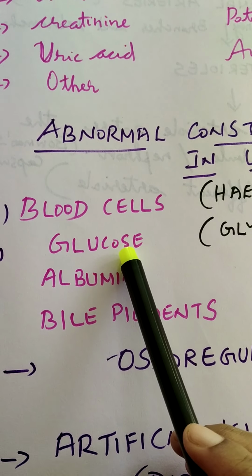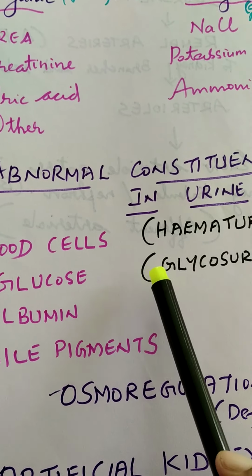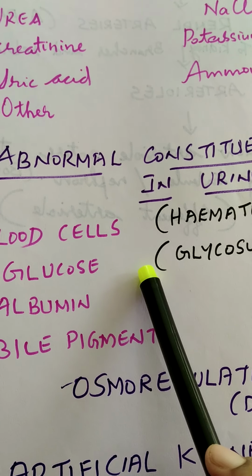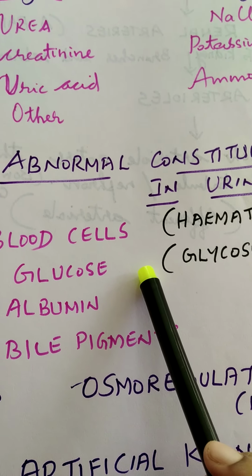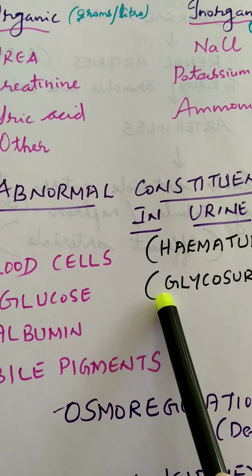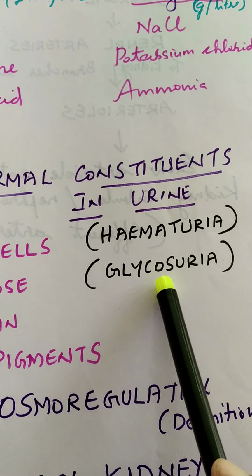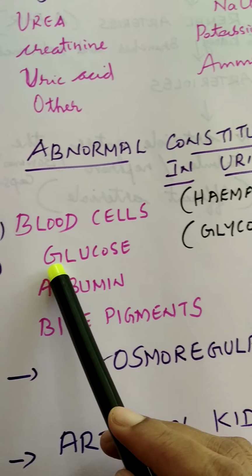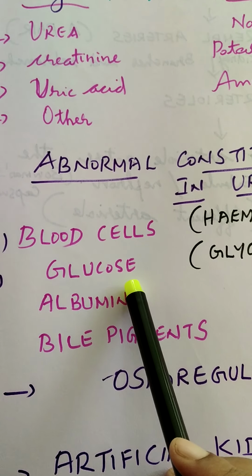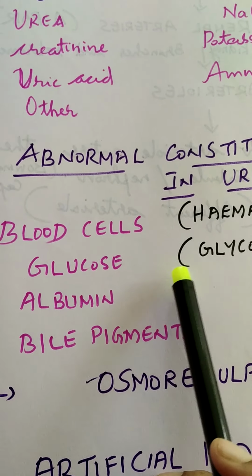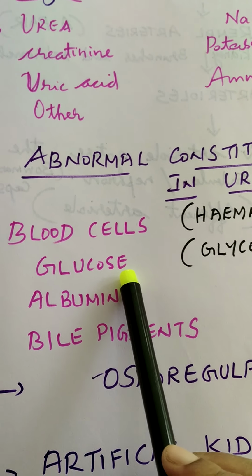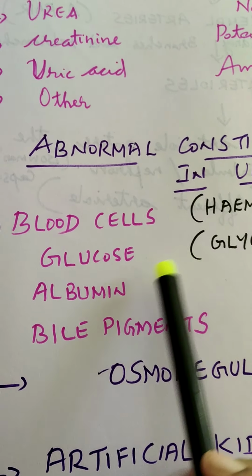In such patients, the glucose will be present along with the urine, which is termed glycosuria. So the condition is glycosuria, where the excess sugar is present along with the urine which is excreted out. And this is observed in case of a person suffering from diabetes mellitus or sugar diabetes.